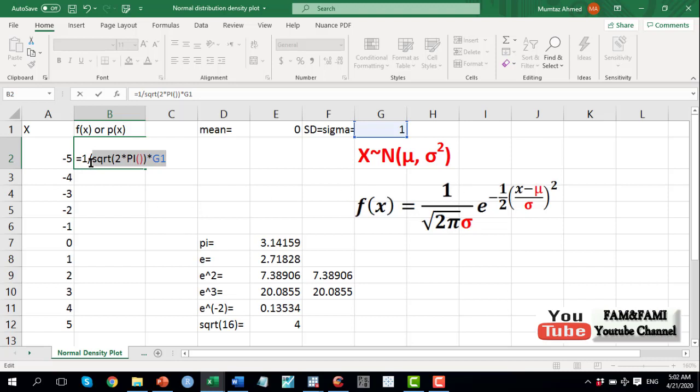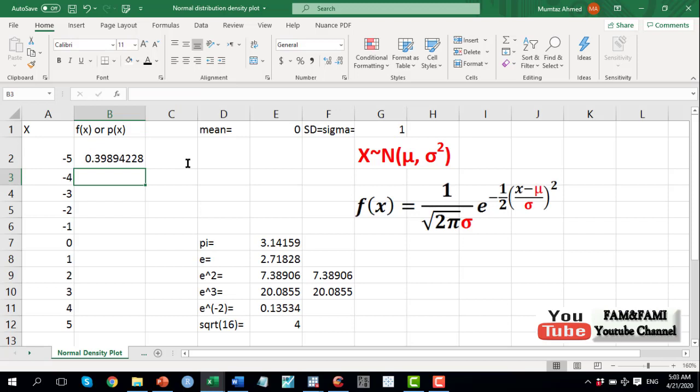We want this highlighted expression to be evaluated first, and the result is actually the denominator of this expression. So I'm going to put a parenthesis here at the start and end. This will calculate this denominator and 1 divided by this whole thing. If you press enter, we actually obtain this expression.